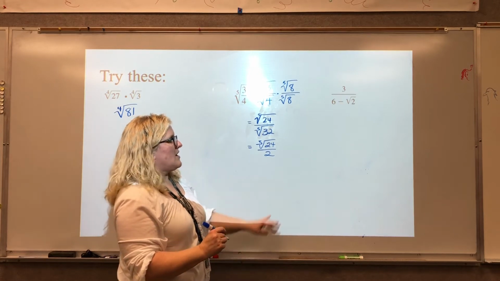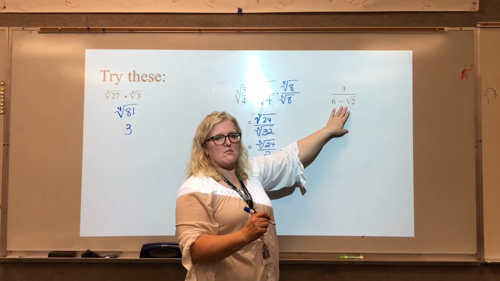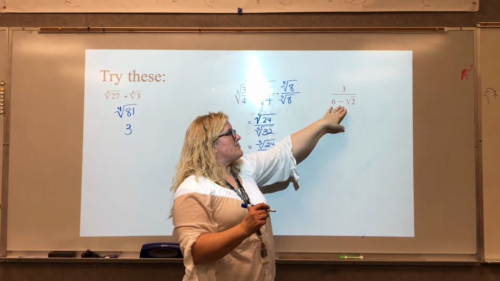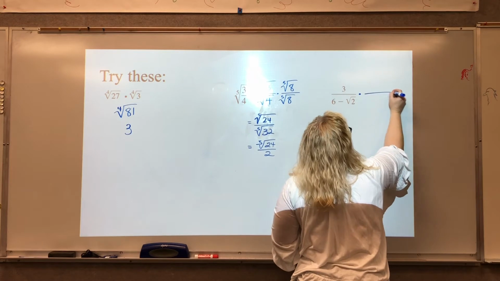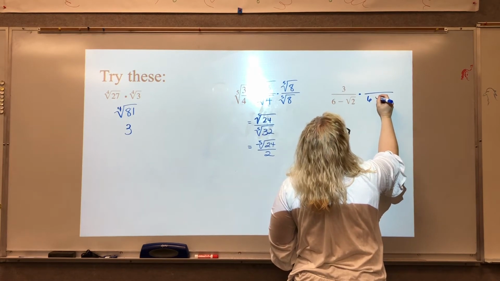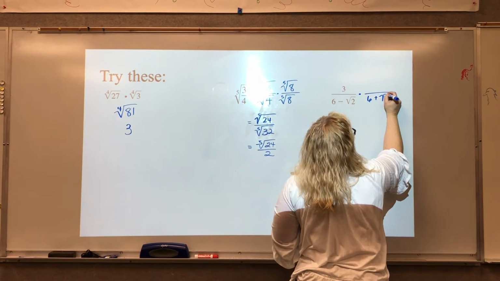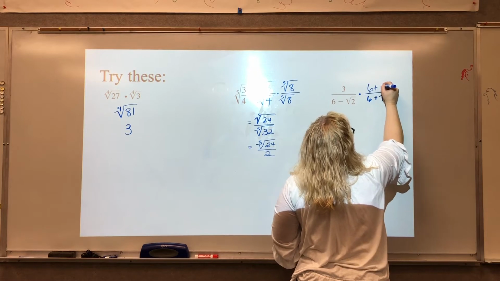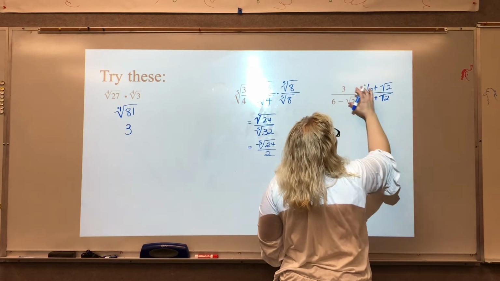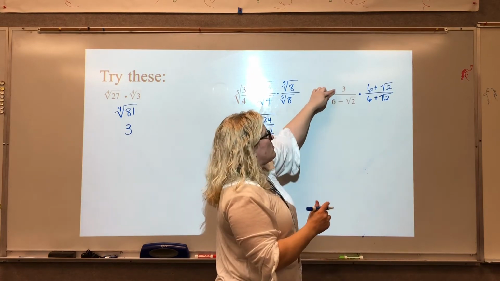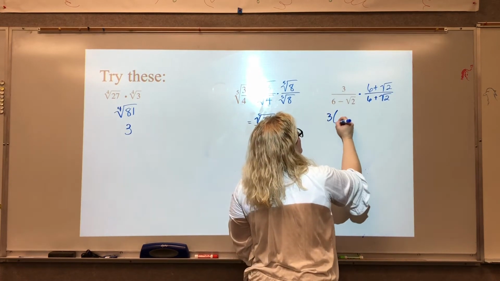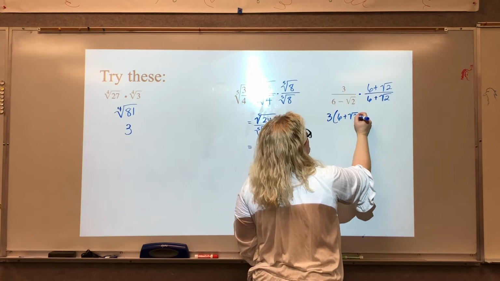All right, lastly, we want to multiply this by the conjugate. And of course, you have to remember too that whatever you put in the denominator, you have to put in the numerator, because this is the same thing as multiplying this by 1. All right, so I'm going to multiply the top: 3 times 6 plus the square root of 2.